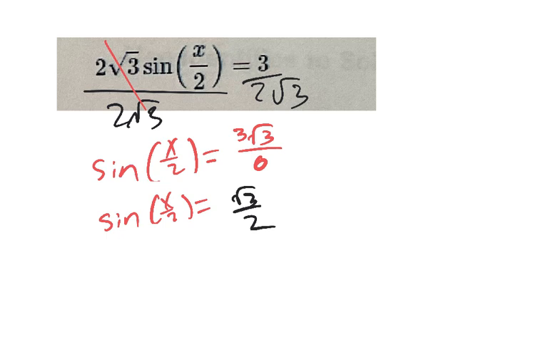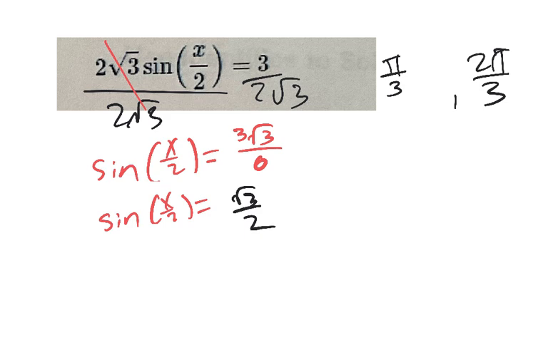So to get 60-degree reference angles, in the first quadrant that would be pi over 3 and 2 pi over 3. Hold on, I'm not done. Where am I? What page am I on? Only between 0 and 2 pi.